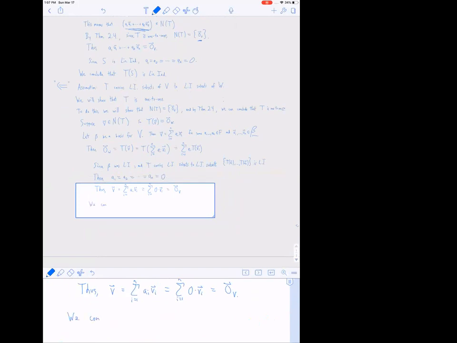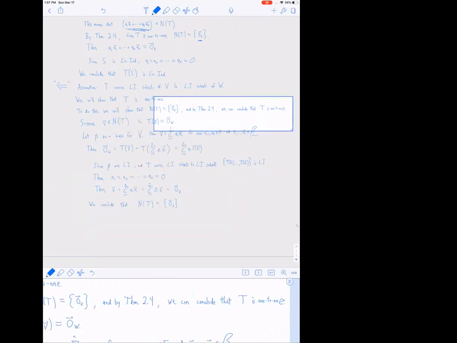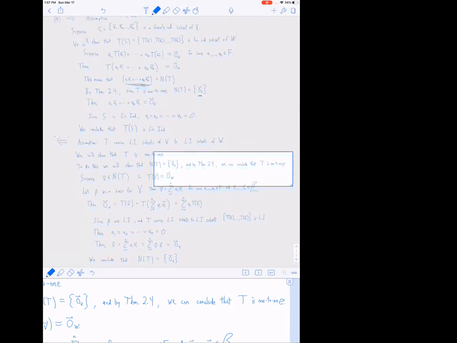We conclude that the entire null space of the transformation T is the set containing only the zero vector, which, as we said, then allows us to conclude that T is 1-to-1, as we originally wanted to show.